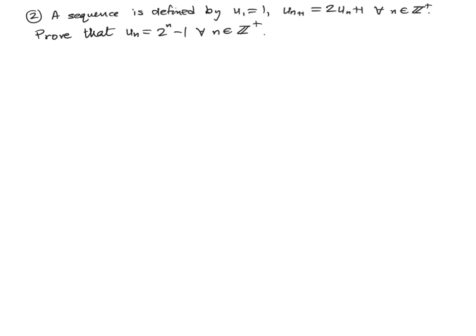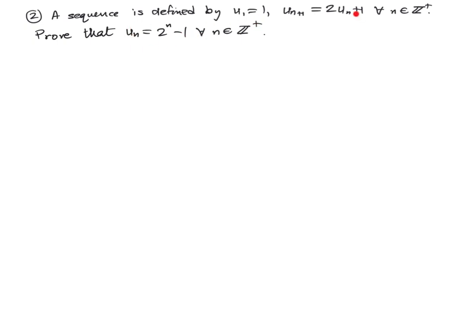All right, so in this example, we have a sequence that's defined by u1 equals 1 and u sub n plus 1 equals 2un plus 1 for all n in Z plus. So this is a recursively defined sequence. And we want to prove that this explicit formula, un equals 2 to the n minus 1, is true for all n in Z plus.